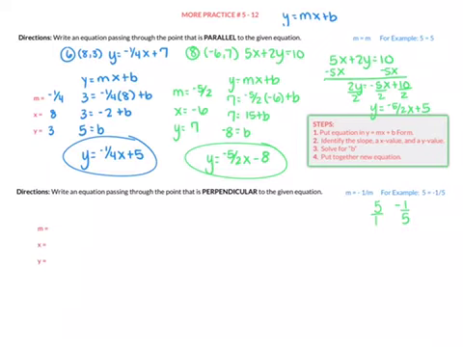For number 9, the ordered pair that we are working with is 3, 3. No, excuse me, 3, -3. The equation that we're working with is y equals 3/4 x plus 5.